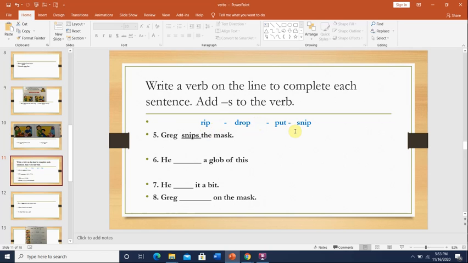Okay, so if you look at the picture next to number 5, we see that Greg is cutting something. So it answered it for you. It says here, Greg snips the mask. Snip means to cut. So I put the verb snip and I add an S to show you that this sentence is happening now.